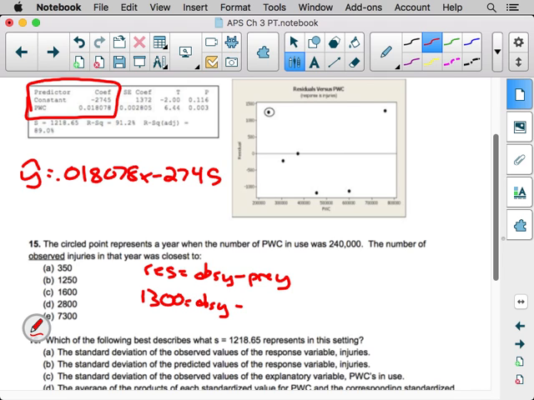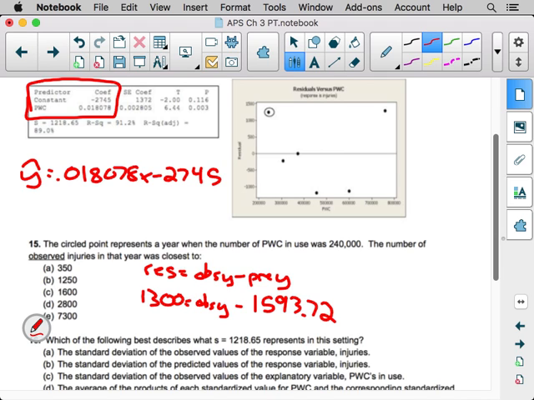Let me grab my calculator for a second so I can calculate this for us. I'm getting this. And again, algebraically speaking, what would I do now to get the observed value by itself?